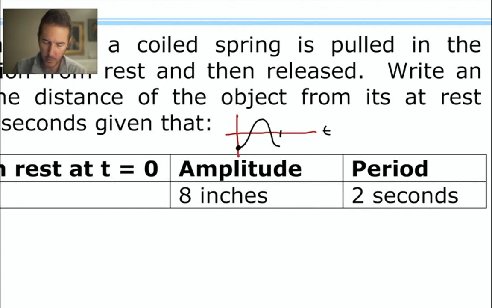So the period is equal to 2 seconds. So I could label that with a 2. Now when we talk about frequency, if the period is equal to 2, what's the frequency? The frequency would be the reciprocal of 2. Now 2 seconds. Before I keep going with that, the period is 2 seconds.